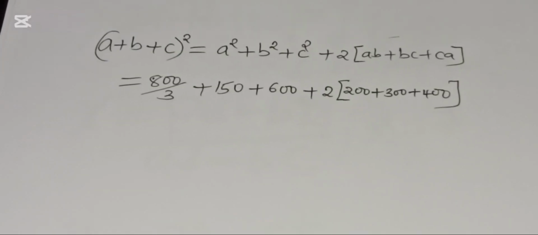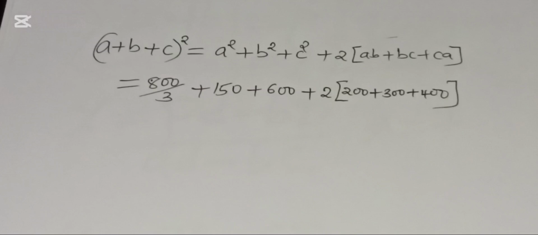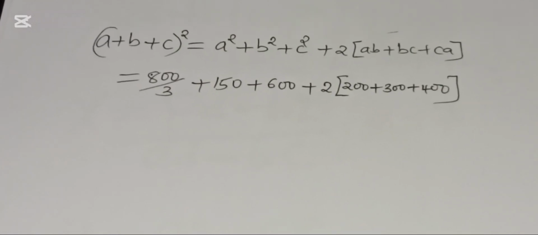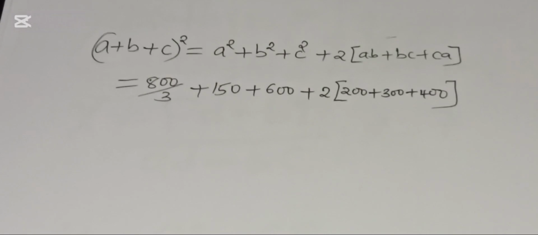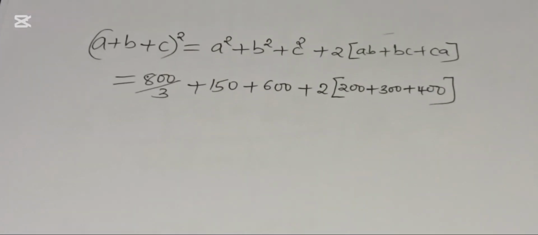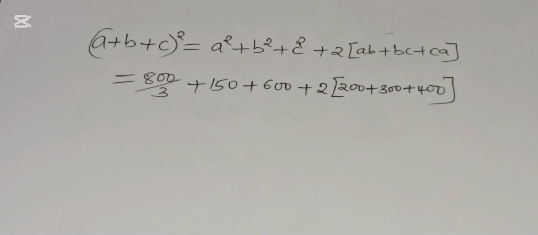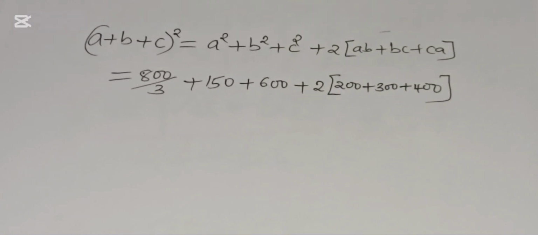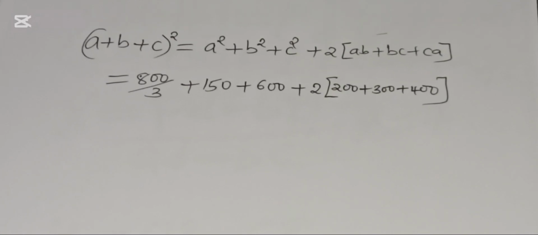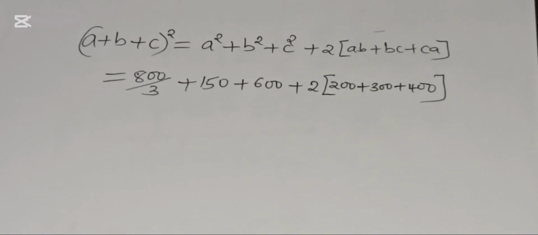So we are saying that for us to determine the value of a plus b plus c, we are going to use the distributive property, which states that a plus b plus c squared gives us a squared plus b squared plus c squared plus 2 multiplied by ab plus bc plus ca. Now we are going to substitute the value of a squared, b squared, and c squared as we have calculated earlier.